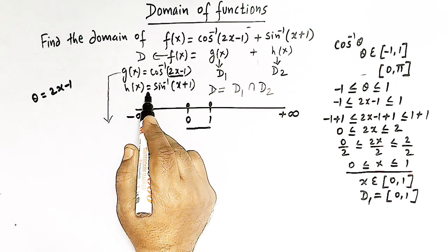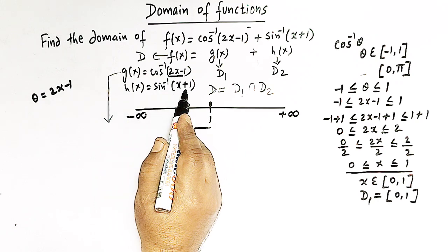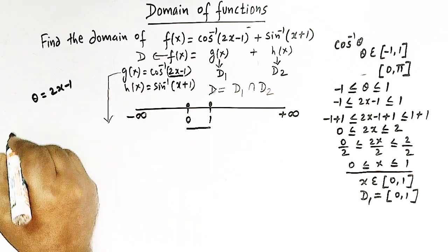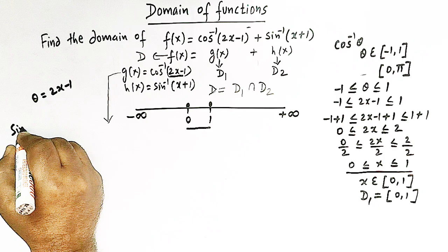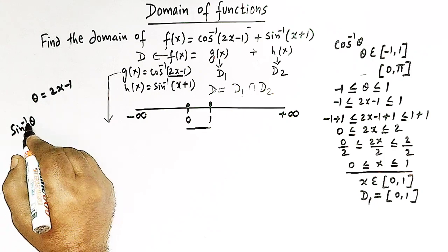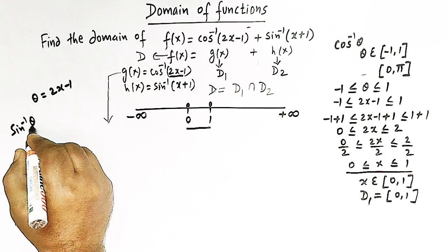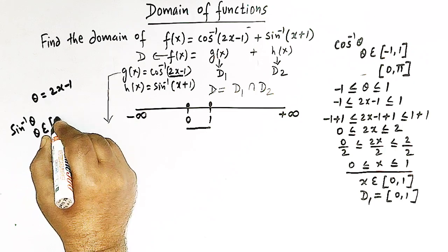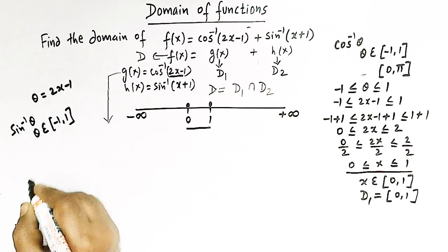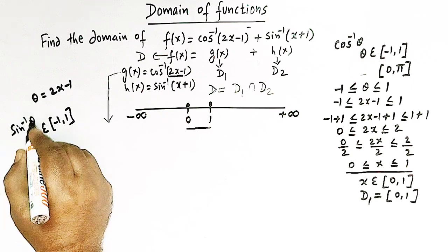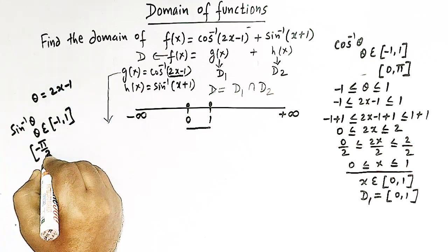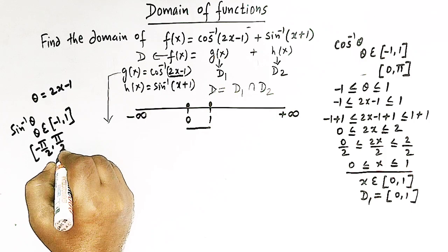So h of x is sine inverse of x plus 1, and again from inverse trigonometric functions we know that sine inverse theta is defined for all values of theta belonging to the interval minus 1 to 1, and sine inverse theta has the range minus pi by 2 to pi by 2.